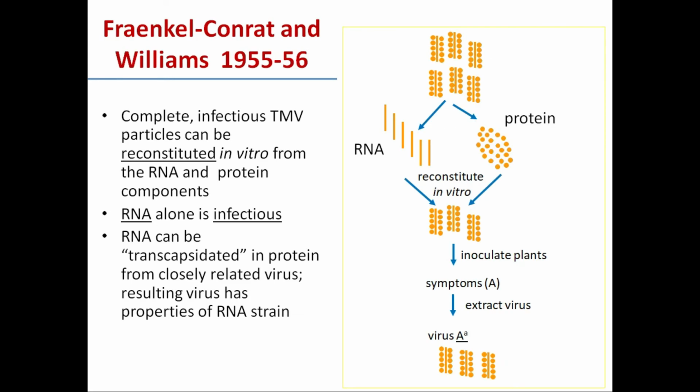Then we have one landmark discovery with Conrad and Williams in the year 1955-56. What they have shown is that viruses can be reconstituted in vitro from the RNA and the protein components.